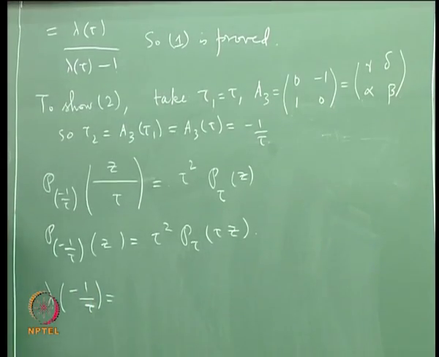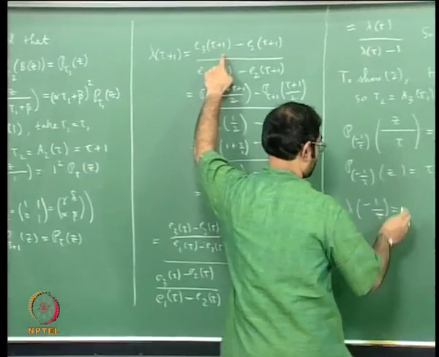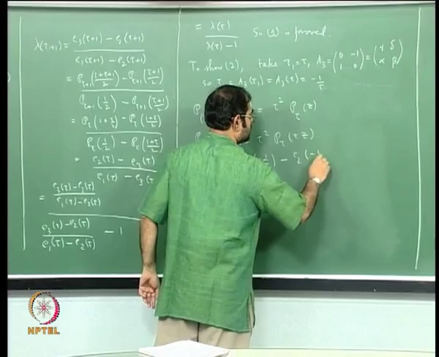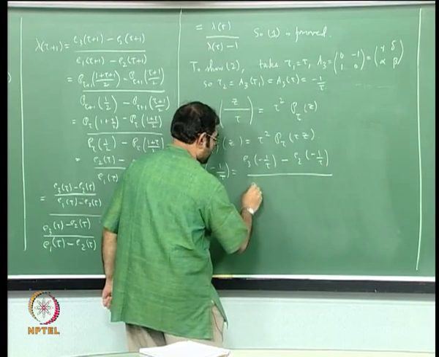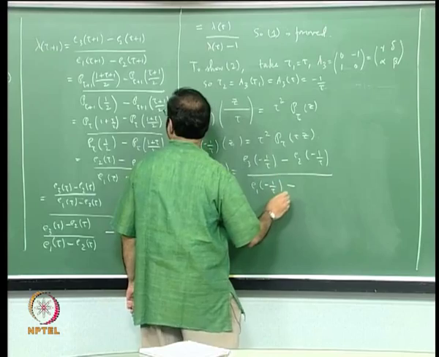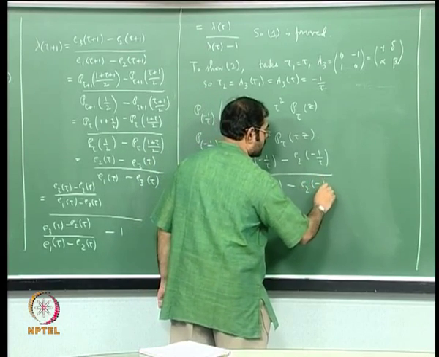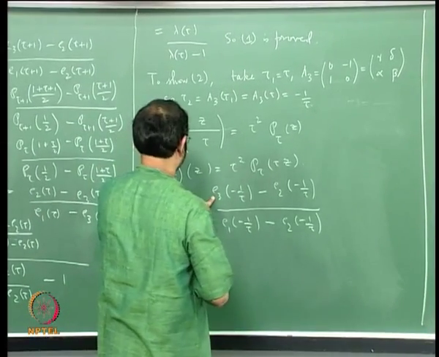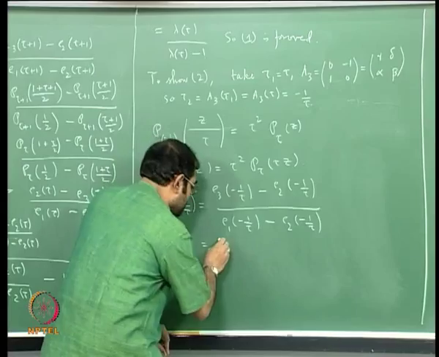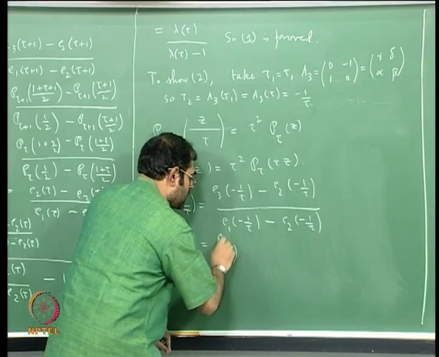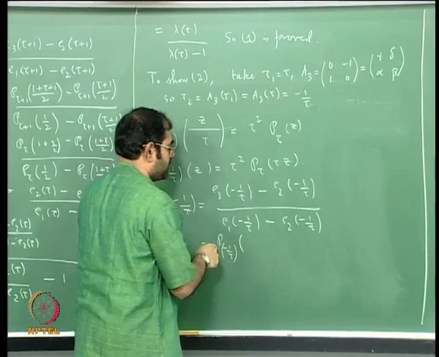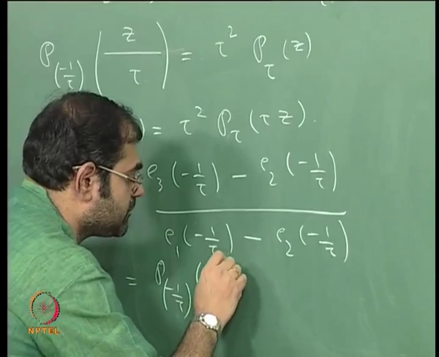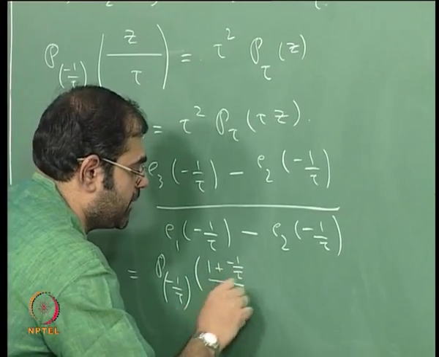It is by definition E3 of minus 1 by tau minus E2 of minus 1 by tau divided by E1 of minus 1 by tau minus E2 of minus 1 by tau. Okay, and now I make use of the fact that E3 of minus 1 by tau is P of minus 1 by tau applied to E3 is P tau applied to 1 plus tau by 2, so it is 1 plus minus 1 by tau divided by 2.